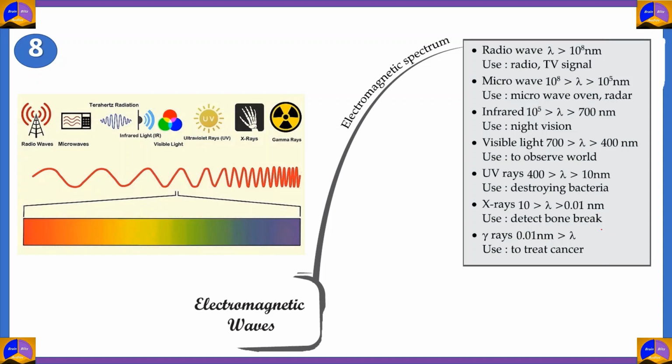And from UV rays, we move on to X-rays. X-rays are more powerful than UV rays, and they are shorter. Their wavelength ranges from 10 to 0.01 nanometers. X-rays are used to detect bone breaks and other medical diagnosis.